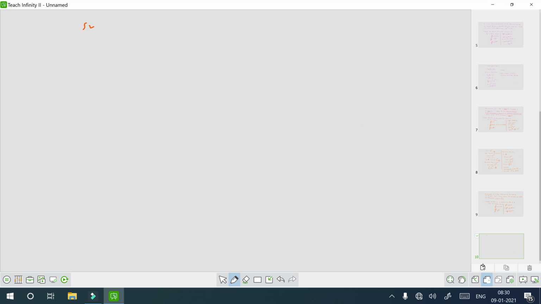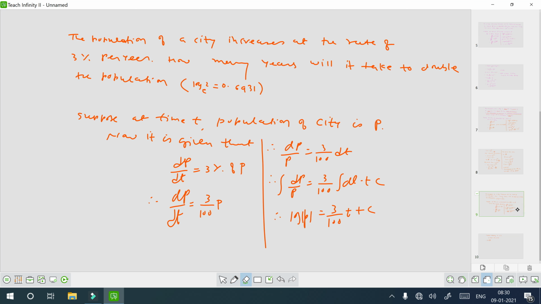Suppose initially P is P0, and therefore if T is equal to 0, then P is equal to P0, and therefore by 1. Say this result is 1.